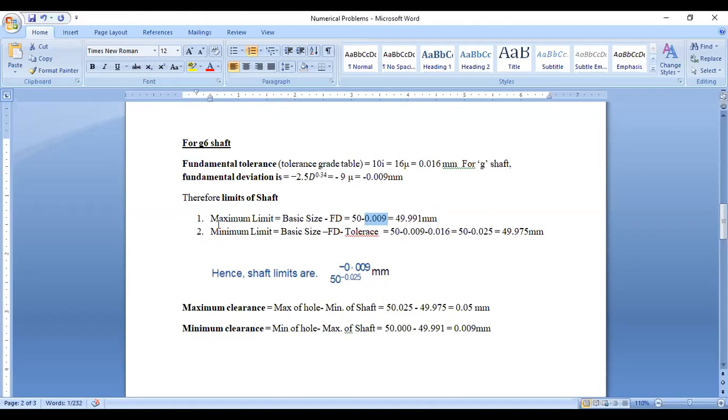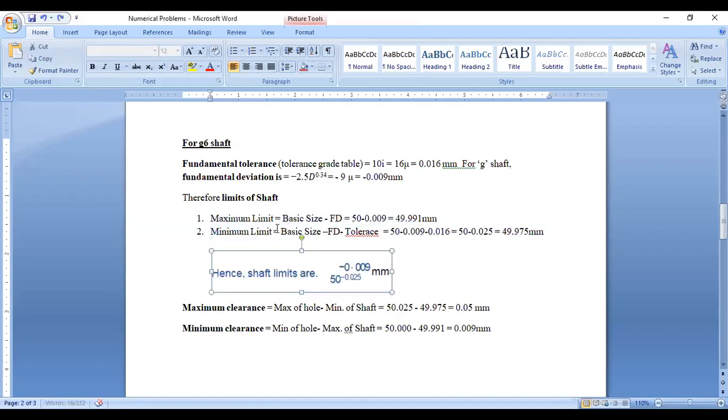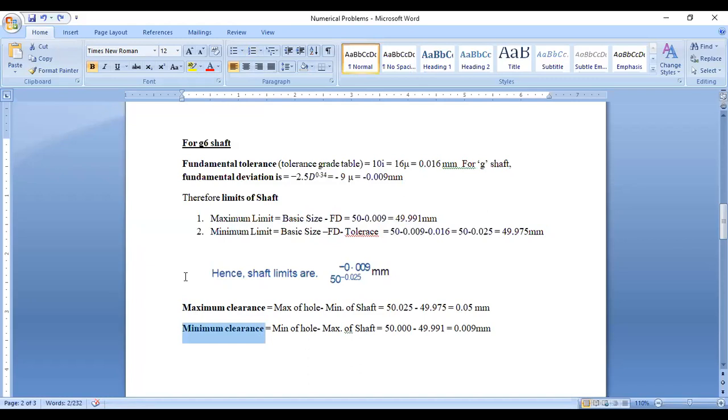Or else, if you find out the maximum limit and minimum limit directly, that is okay. If you are getting confused with this, you can skip writing this, no problem. The thing is, the maximum limit and minimum limit you find out. And what about the maximum clearance and minimum clearance? Directly you remember whatever formula I have written: the maximum clearance is given by the maximum limit of the hole minus the minimum limit of the shaft.